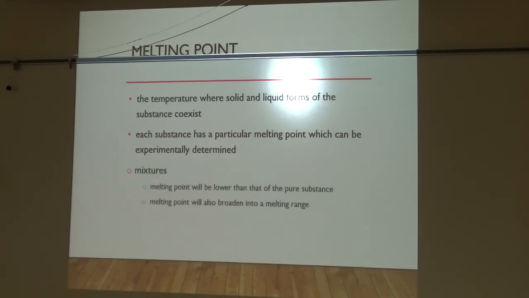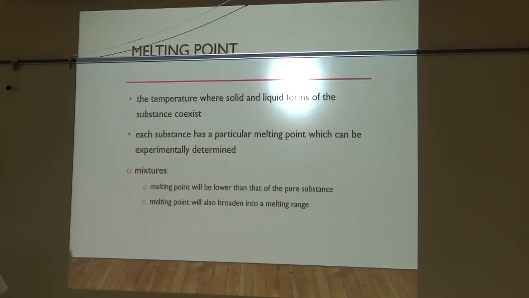Mixtures, on the other hand, as opposed to pure substances, if you'll remember your colligative properties of solutions, when you add a solute to the solution, its properties differ, and one of those is that the freezing point depresses.